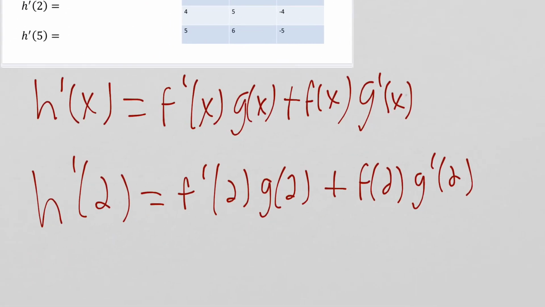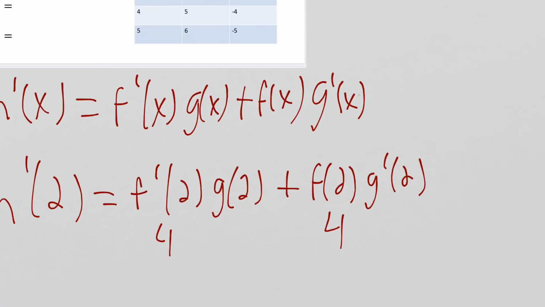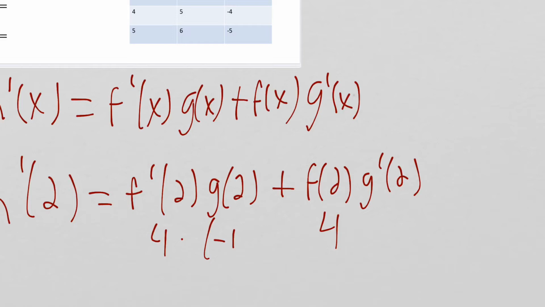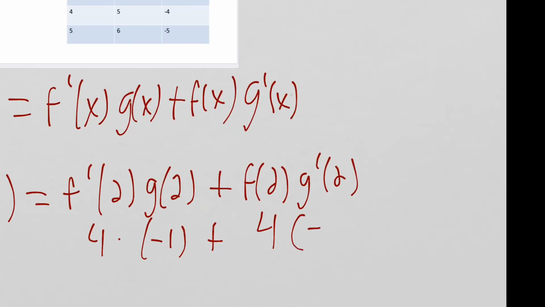So f prime 2 is 4, f of 2 is 4. Okay? Now what is g of 2? We have to go to our table. G of 2 is equal to negative 1. So we have 4 times negative 1 plus, what is g prime 2? G prime 2 is equal to negative 2. So 4 times negative 2. So this is negative 4 plus negative 8, which is going to be equal to negative 12.